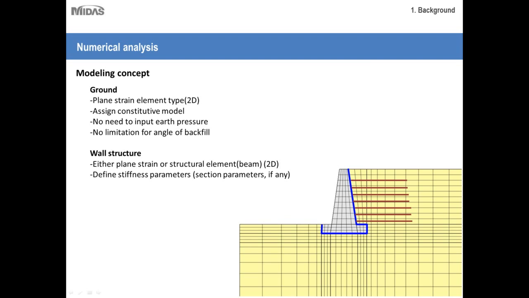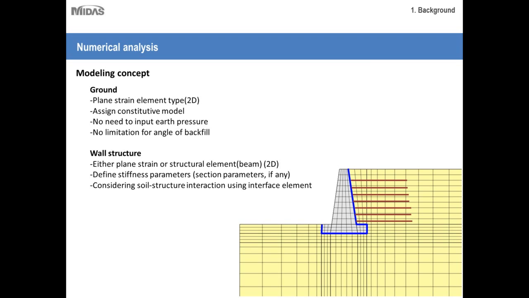Then you define the stiffness parameters for these elements that compose the wall members. If it is a plate member, then you have to define the stiffness parameters by choosing appropriate concrete material properties. If it is a beam member, then you have to define the actual cross-sectional sizes that is representative of that wall.